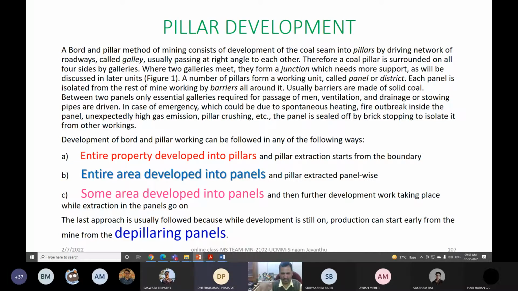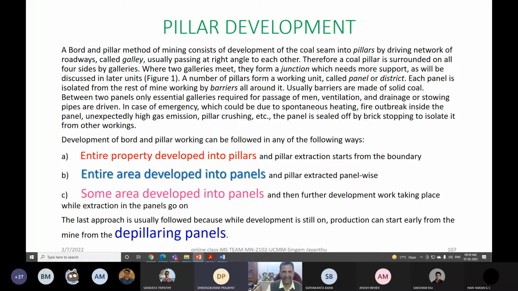Of course, square may not be required for the main headings or main inclines, because you want more width and less height, height as per the requirement of your development, as per the requirement of ventilation, as per the requirement of transport arrangements, as per the requirement of additional accessories like water pump lines and electrical lines, even power line. There are so many things to be incorporated into the headings. So that is the reason why we select the shape and the dimensions of that.